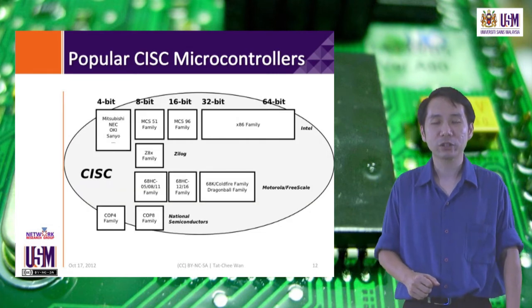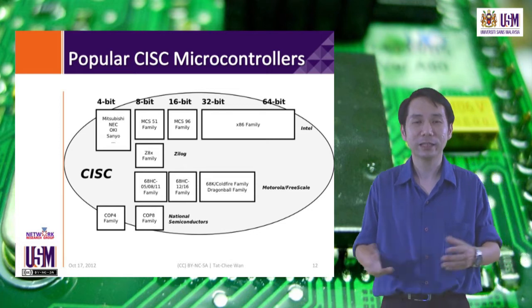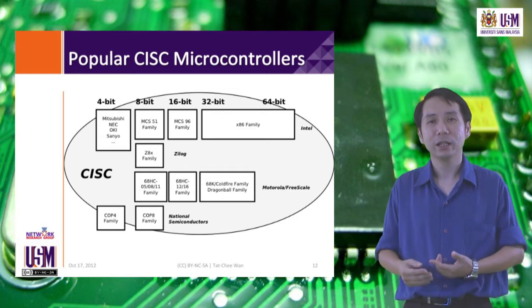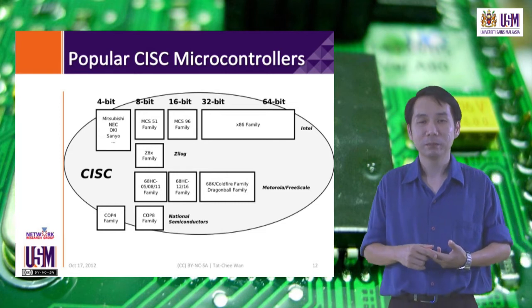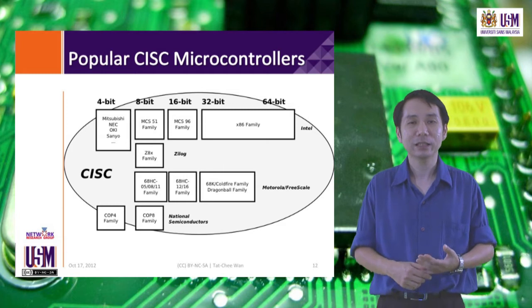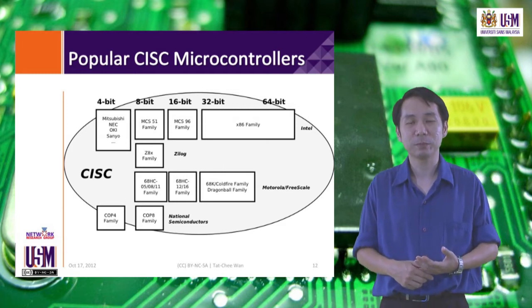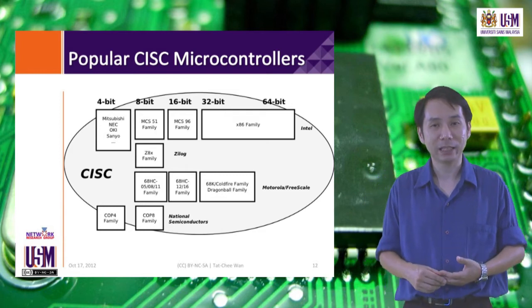Now, typically microcontrollers are found in many of the items we use in our daily lives, including washing machines, microwaves, TV sets, as well as digital assistants such as PDAs and smartphones, and even tablets.